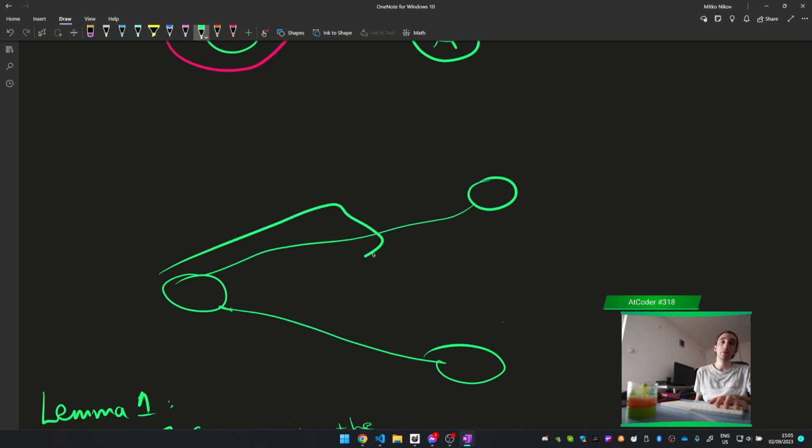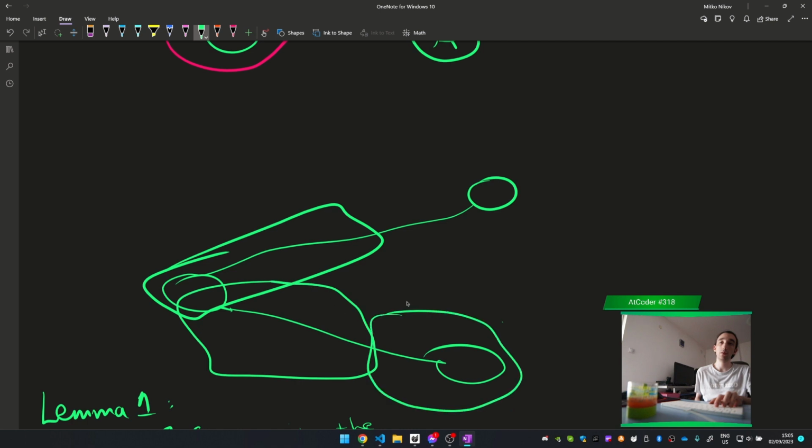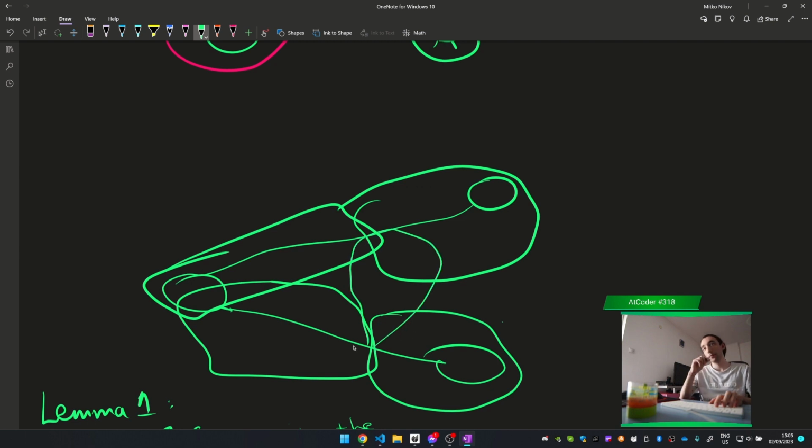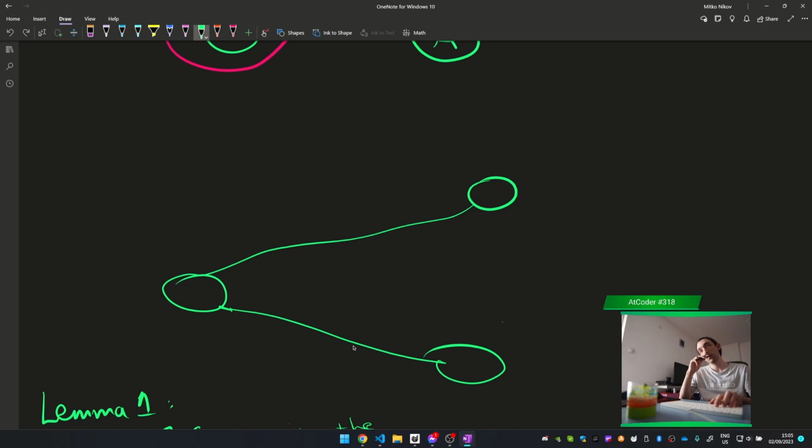So there's some biconnected component here, maybe here, maybe here. What does that tell us? Articulation points are very powerful tools here.